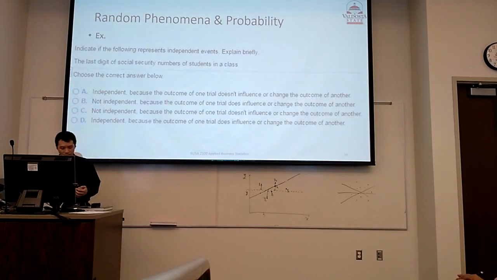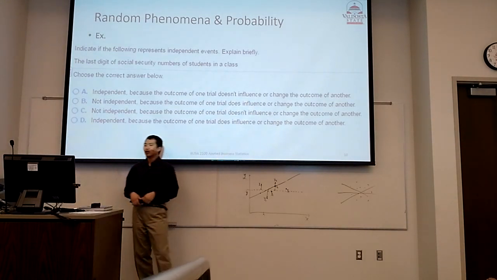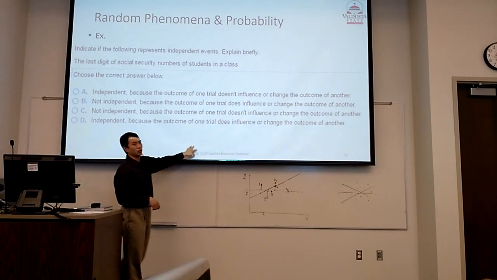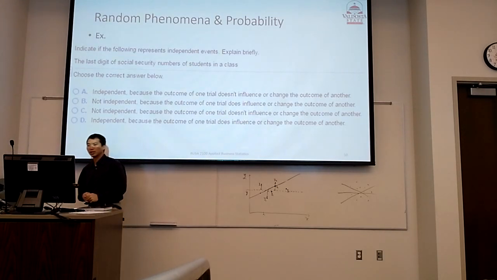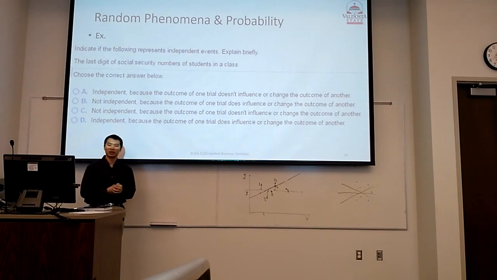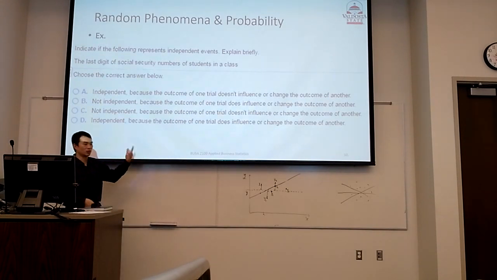Let's see some examples. Okay? We take some snapshots from the MyMathLab, so you will have similar questions in your homework. So the last digit of the social security number of students in the class. Which option is correct?